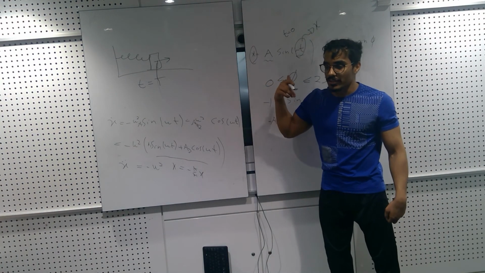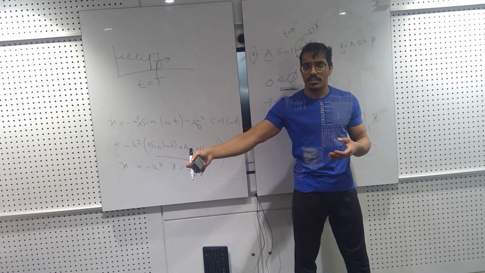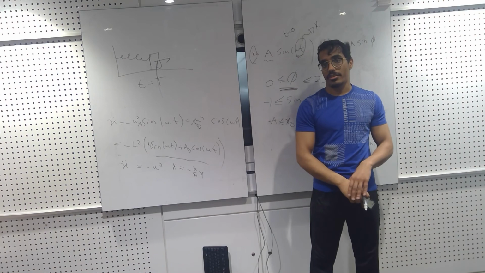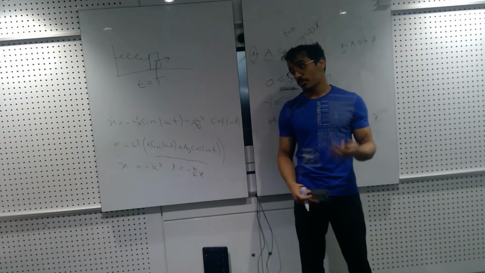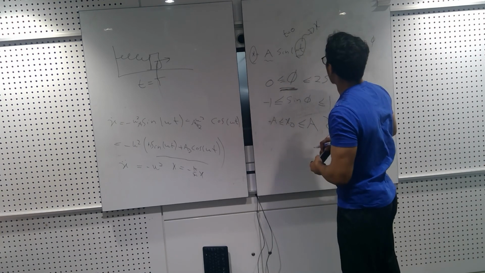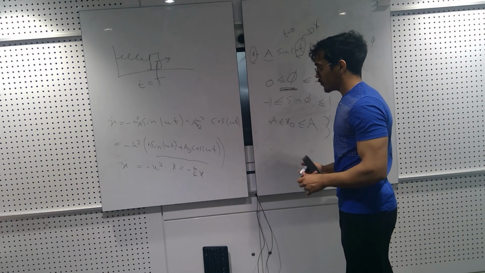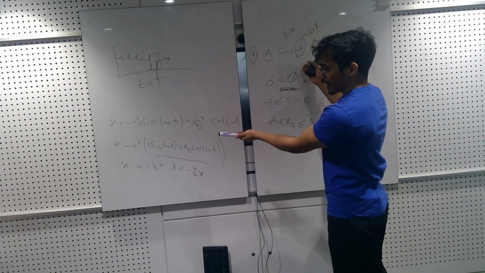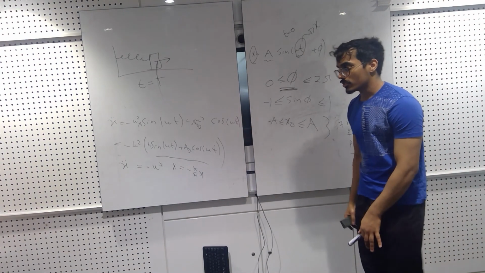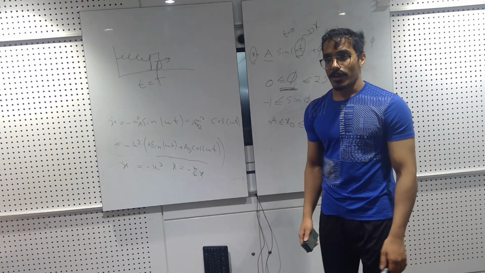You say this is the general solution, but it does not include the possibility that at t equal to 0 you start somewhere other than the original position. So we must have phi to include all possible initial positions. That's it for the first lecture on simple harmonic motion and vibrations and waves.